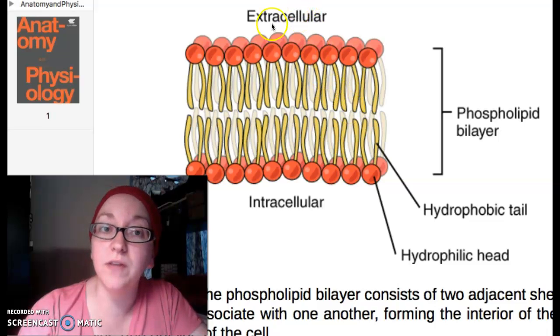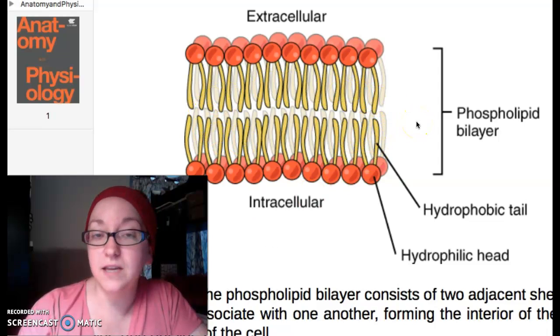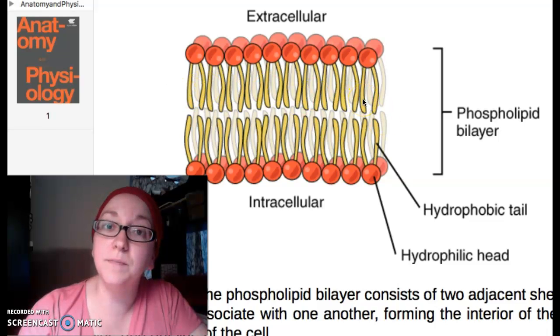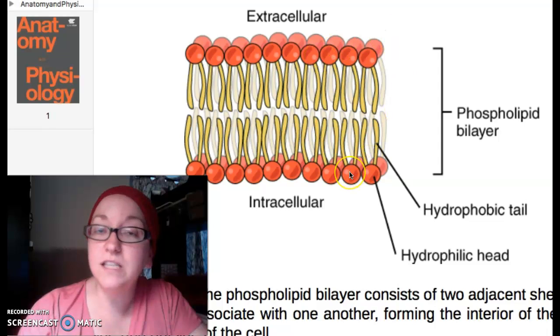There's a lot of water, both extracellular and intracellular in the body. So the hydrophobic tails that are insoluble in water hide in the center so they can be touching each other. And then the hydrophilic phosphate heads that like water and are water soluble, are on the outside of the cell and the inside of the cell, making those outer layers of the cell membrane.